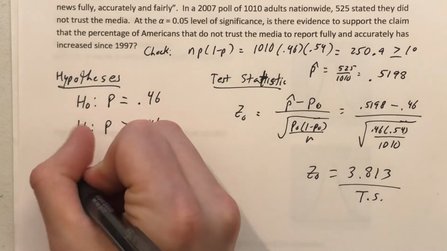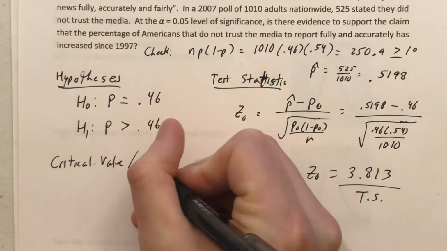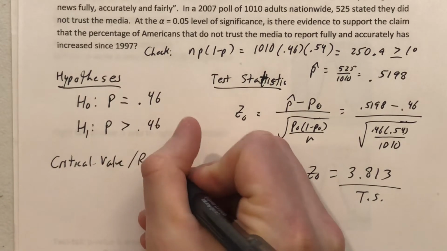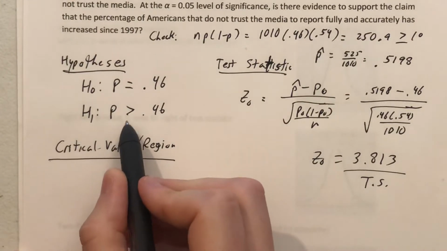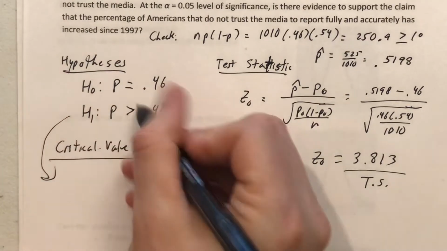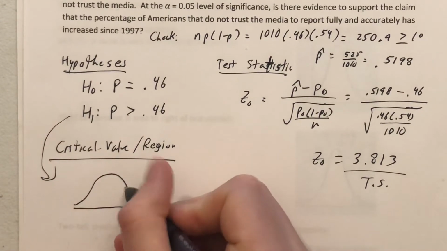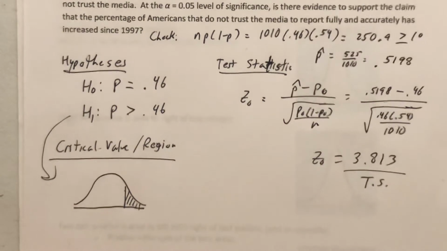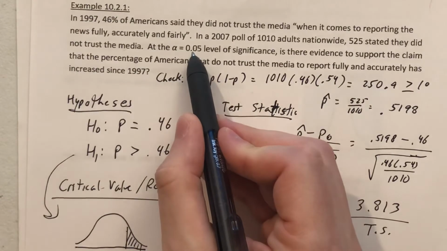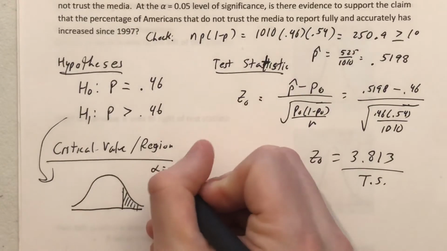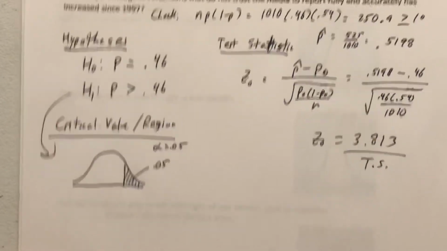Now we want to also find our critical value and critical region. Remember, that always comes from your alternative. The alternative's inequality symbol, greater than, tells you that we're dealing with a right-tailed test. And what we also know about this picture is that since alpha equals 0.05, that's the area of that tail.